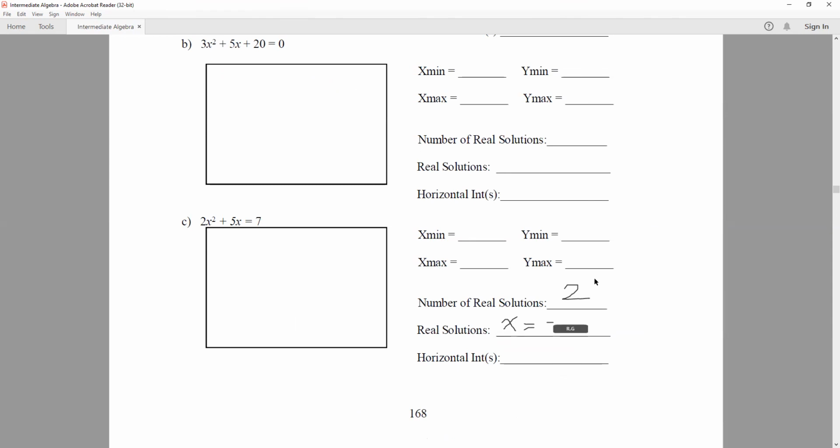X equals -3.5 or x equals 1. So the horizontal intercepts are (-3.5, 0) or (1, 0). All right, okay.